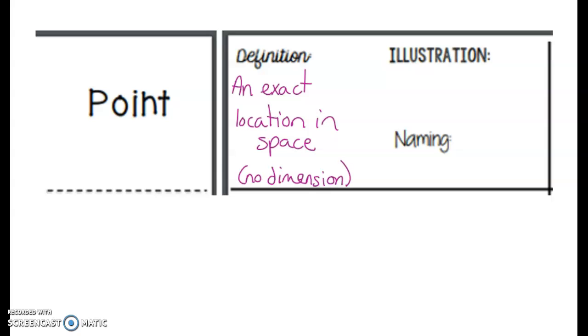So it's an exact location in space. And how we draw it is it's literally just shown with a dot, and it always has an uppercase letter labeling it. So we can name this as point A. We can write the word point and then an uppercase A, or we can just write A, and if it's one letter uppercase, it's considered a point.